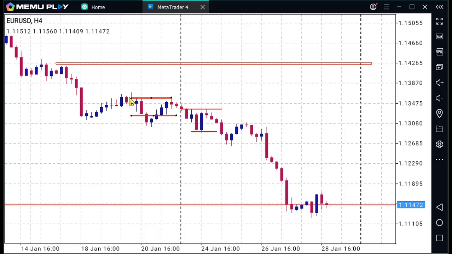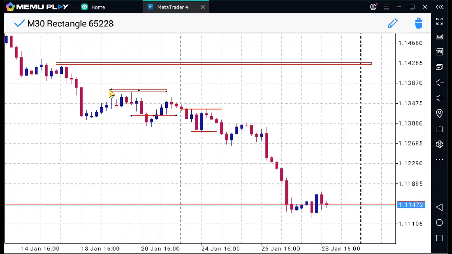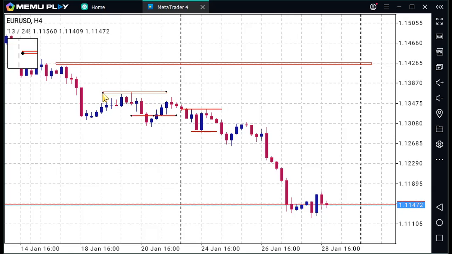It couldn't buy again. Then the market created another resistance, used that to sell.